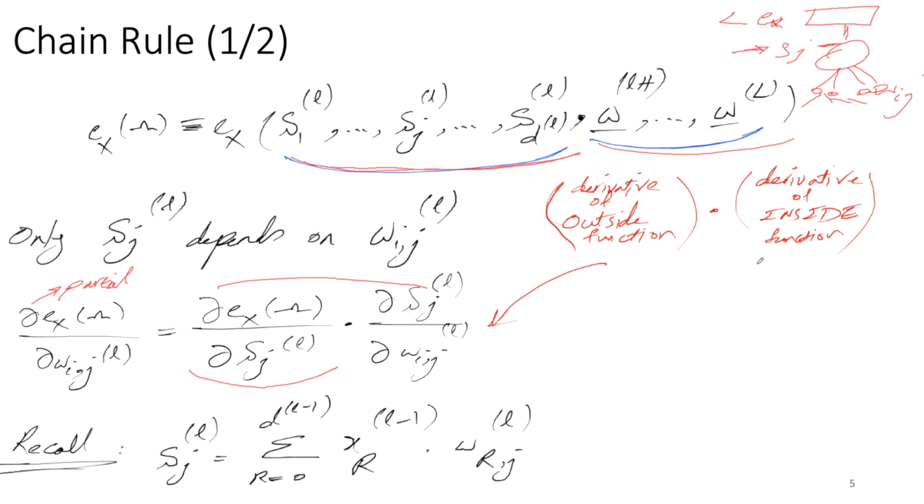And then recall this value, as I mentioned, because of all those incoming weights, you have to make a summation, say r from 0 to d(L minus 1), of all those x's and weights in the previous layers.